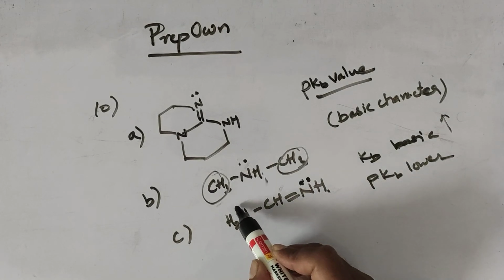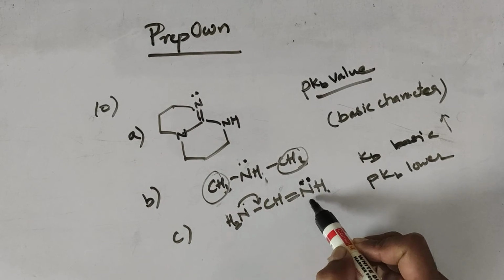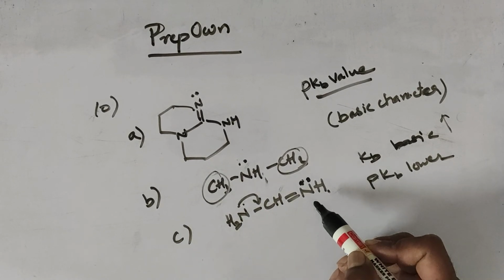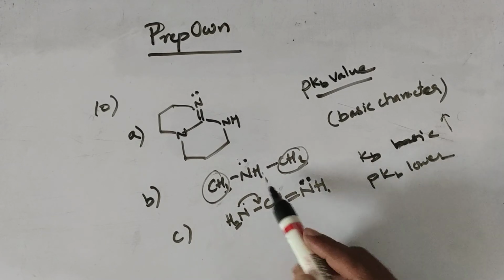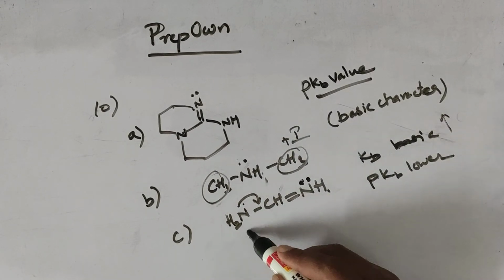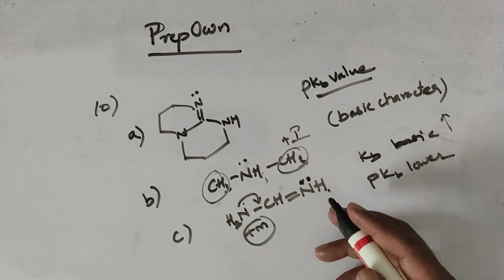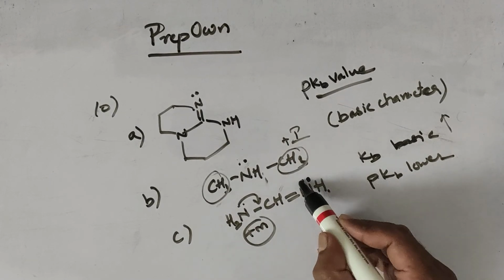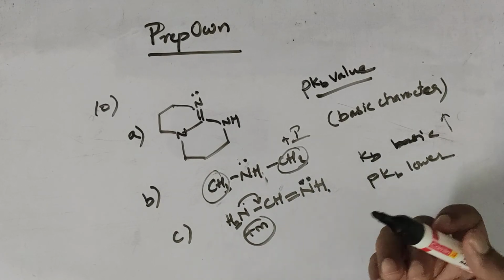If there is a lone pair on this nitrogen, this can shift here and this double bond can shift onto this nitrogen atom. As a result, the negative charge on this nitrogen atom is increasing. So if this is plus I effect, this is plus M effect by this nitrogen's lone pair. By that logic, the electron density on this nitrogen should increase. This should become more basic.